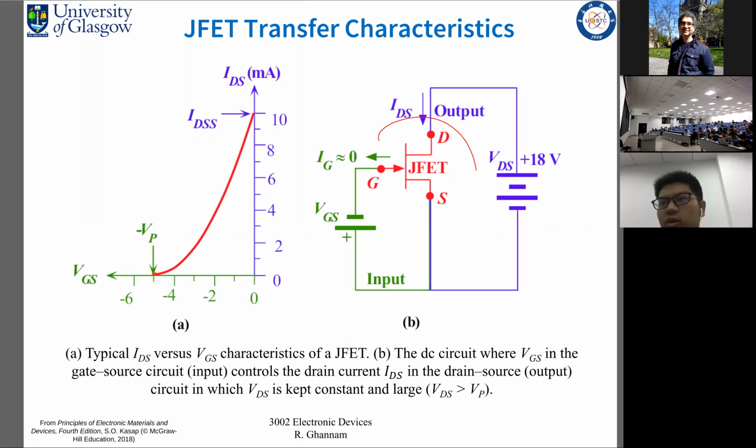This is also how we typically connect our JFET. The terminals of the gate and the source are connected in this way, right? And then at the output, the drain and the source are connected in this particular way.